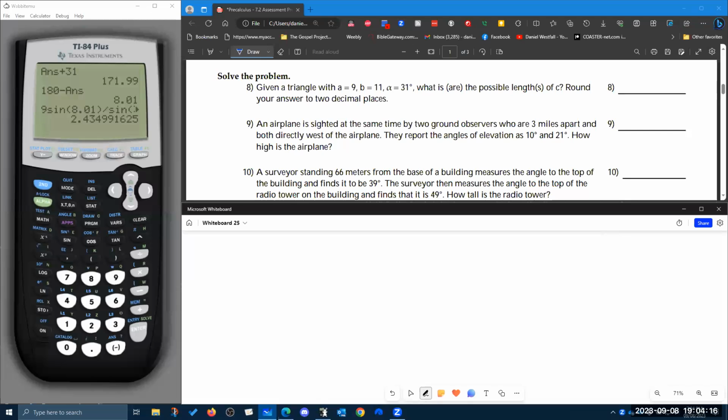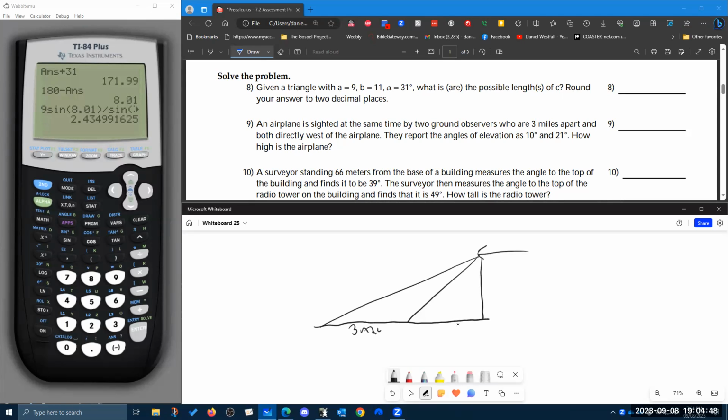Now we've got a situation where there's an airplane and there are two spotters here. The spotters are given to be 3 miles apart from each other on the ground. So here's spotter 1, spotter 2.